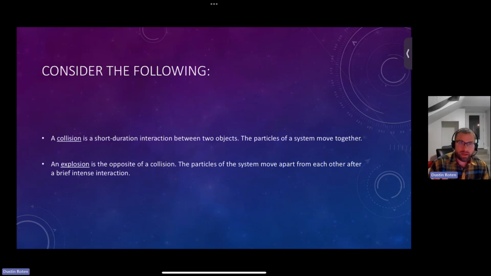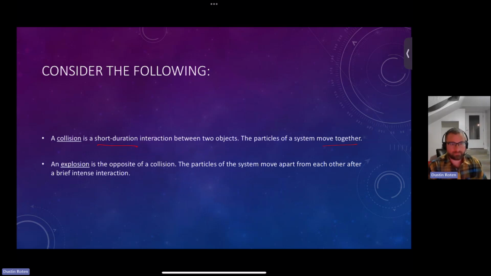So if you consider the following, we've got two different types of momentum problems that we're going to talk about. We've got a collision, which is essentially just a short interaction between two objects, and this is when the particles of a system are actually moving together. You all know the definition of a collision: two things hitting each other, and the short duration part is important.